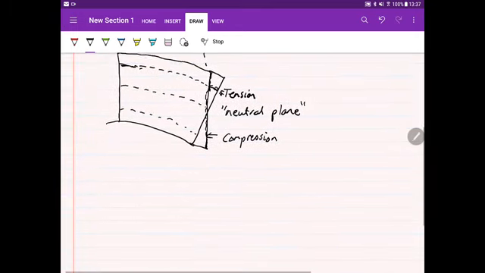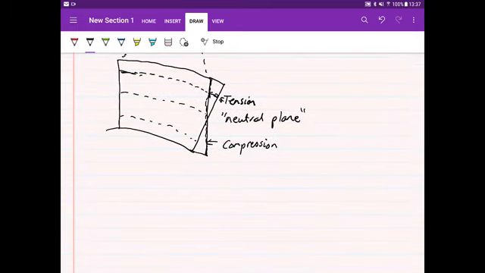If I do that, I need to define a few other variables. So we're going to think about a particular plane through our elemental volume, which is going to have a thickness dy, and is going to be located at a position y away from the neutral plane.